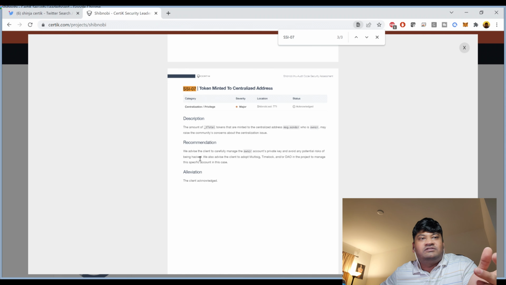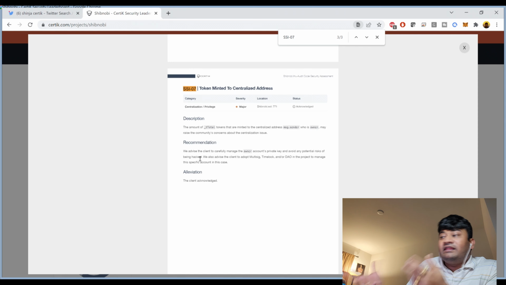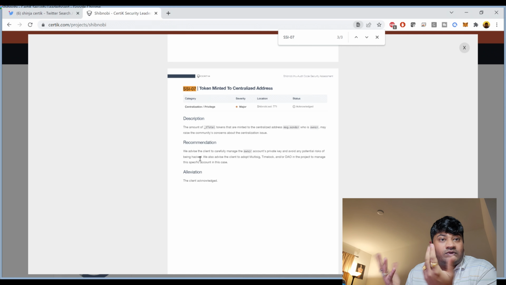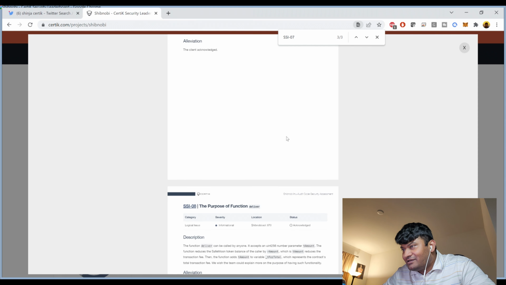So this is just a regular risk that every coin should have, but I guess Cliff is very trustworthy, and he is just going to be super careful about who he shares those keys with. That's what he's doing, and the status is acknowledged, so they are aware.